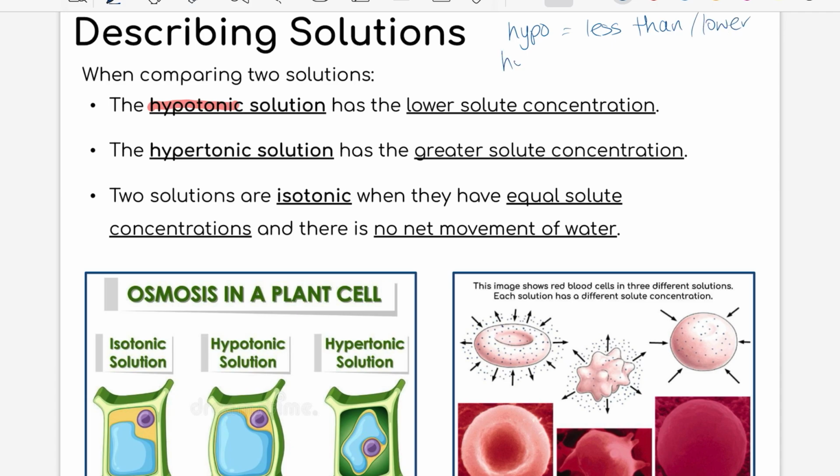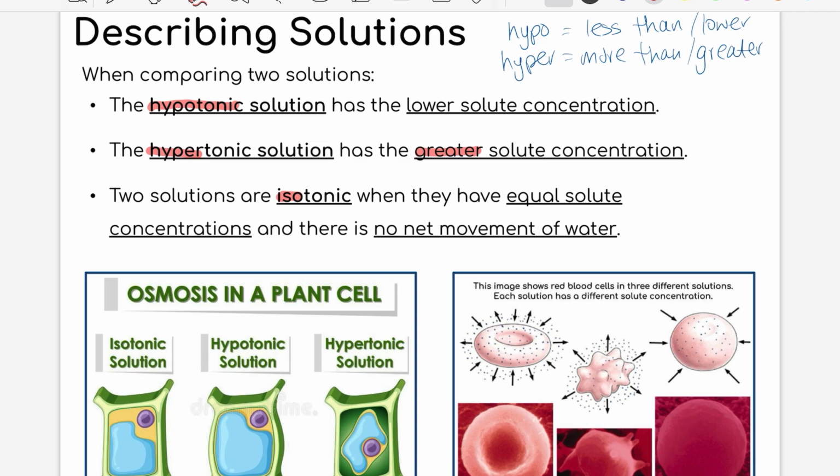Okay, hyper means the opposite. It's more than, or greater. So in that case, a hypertonic solution has the greater solute concentration. And if two solutions have the same concentration on either side of the membrane, then we call it being isotonic.